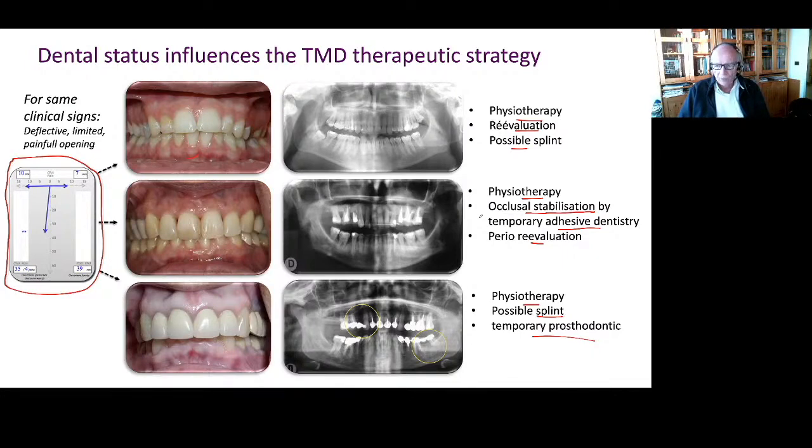And when you have prosthetic treatment to do because of the status of the teeth, not because of the TMD, you can make a temporary prosthodontic treatment without a splint.